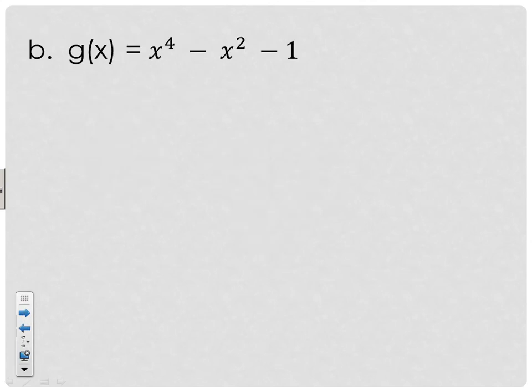Let's try another one. If g of x is equal to x to the 4th minus x squared minus 1, let's run the evens test on it first. Okay, evens test, we're going to put in negative x and check it.